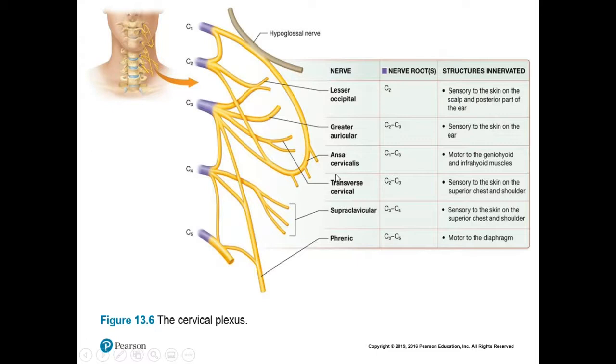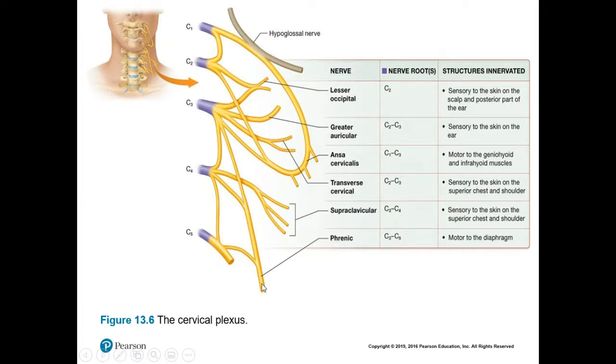So this controls regions of the chest, the upper part of the chest, or lower part of the shoulder. And that's essentially what it does. It's going to send out many different divisions, subdivisions, out into the shoulder and upper part of the chest. The supraclavicular, so this is everything above the clavicle, right? So a lot of the shoulder region, C3 and C4.